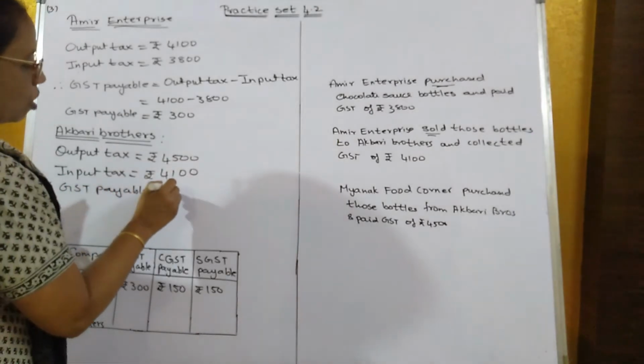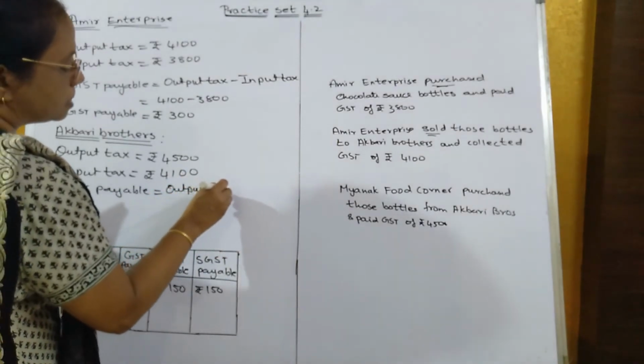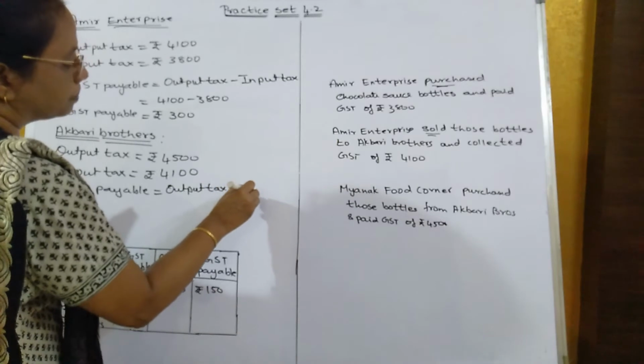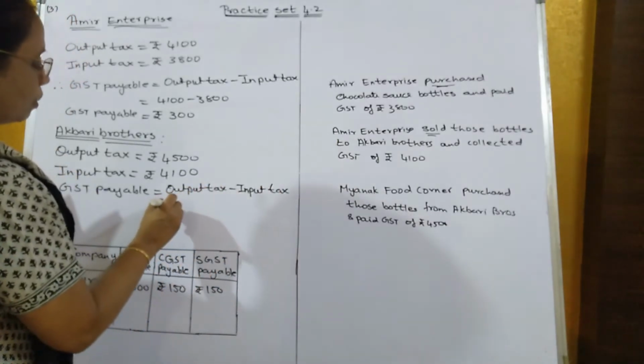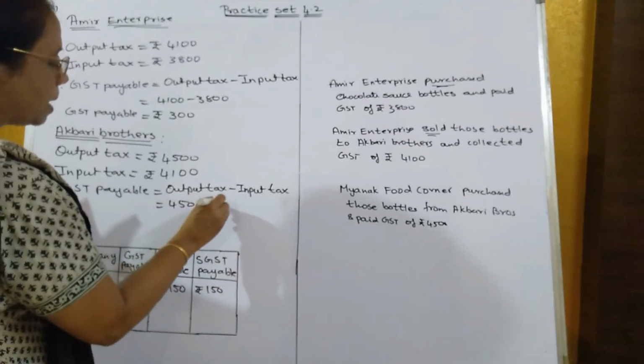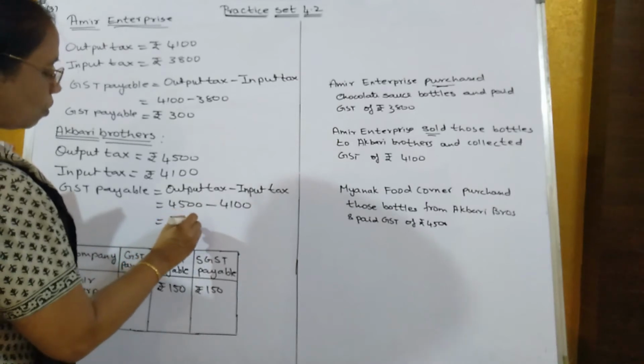Therefore GST payable is equal to how much? Output tax minus input tax, that is equal to 4,500 minus 4,100, that's equal to rupees 400.